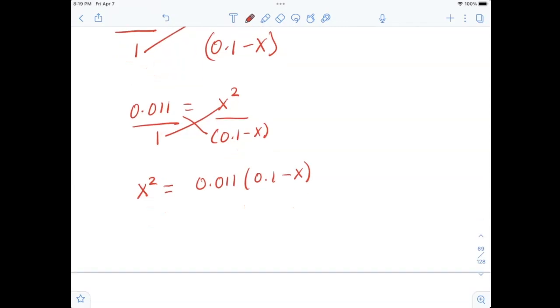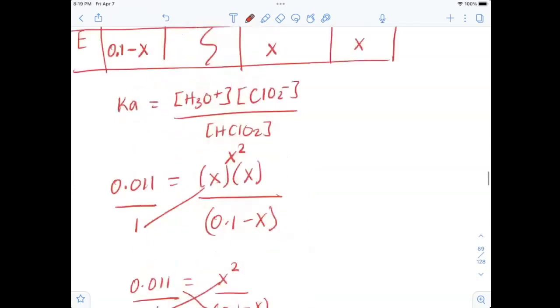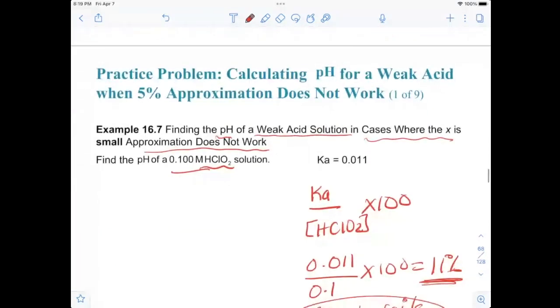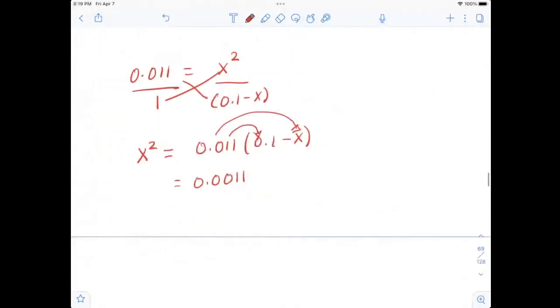I'm going to distribute this. Multiply this into here, and that into there, and we end up with 0.0011. I want to make sure I copy the number correctly because I struggle with transcribing correctly. So now I have 0.0011 minus 0.011x.